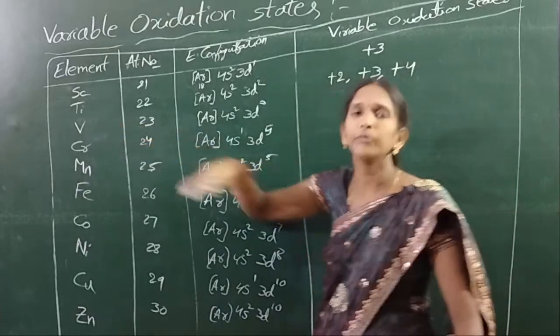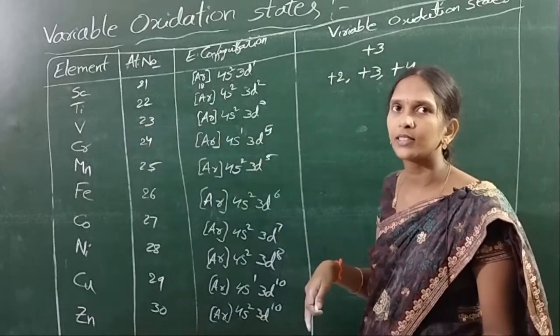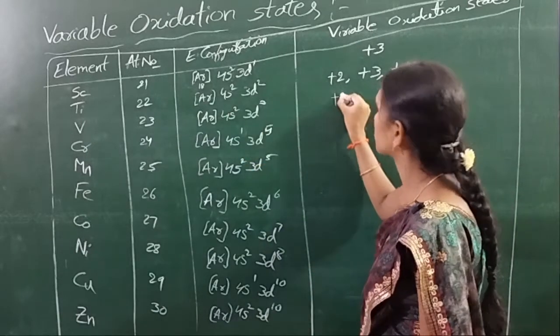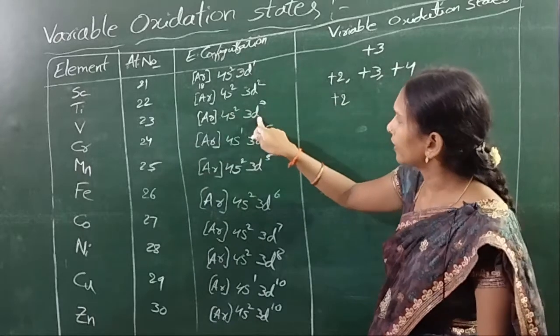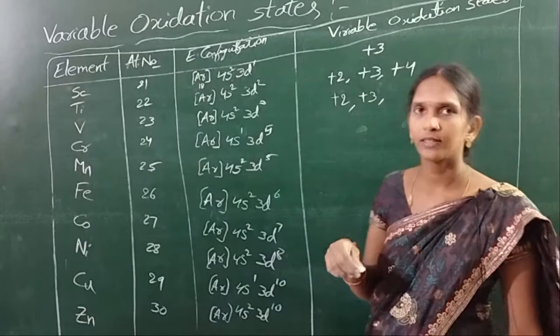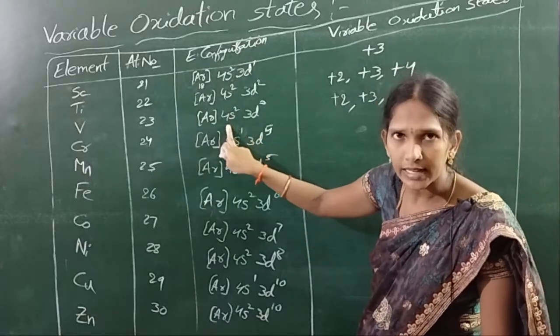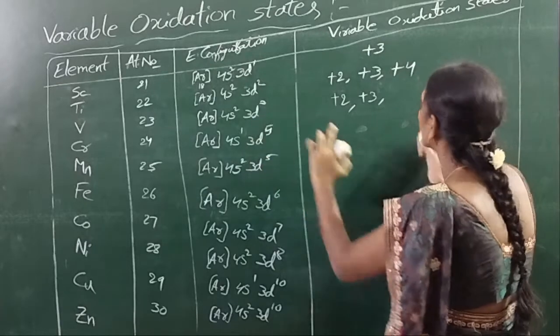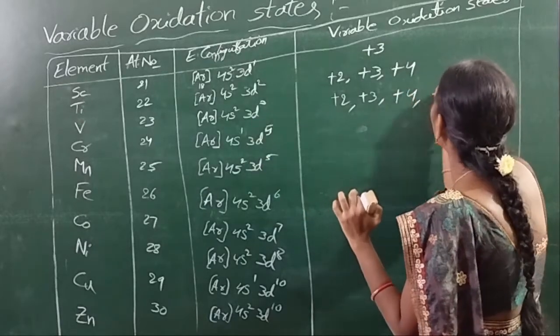If this vanadium loses electrons, that is 2 from S, plus 2, or 1 from D, that is plus 3 oxidation state; 2 is in S and 1 is in D. And another chance is plus 4 and plus 5.